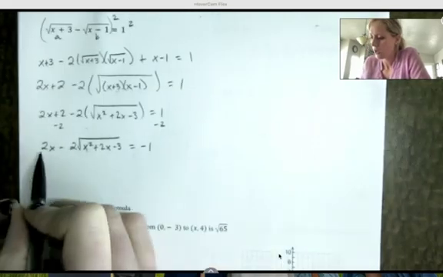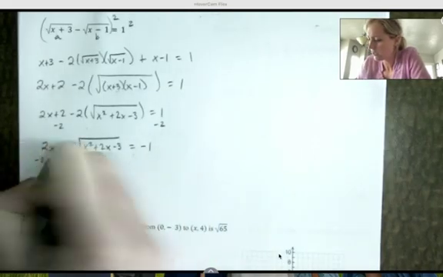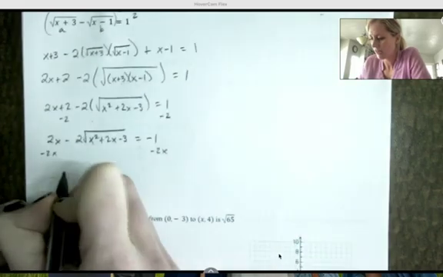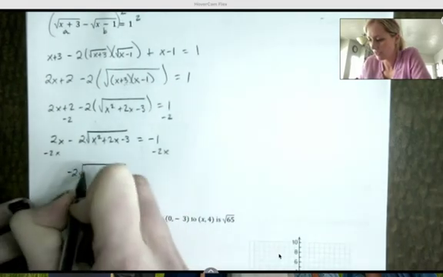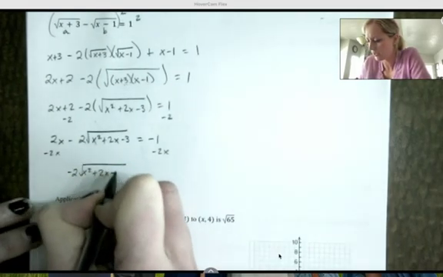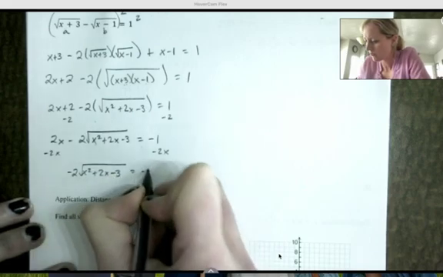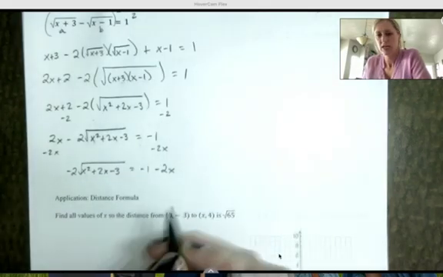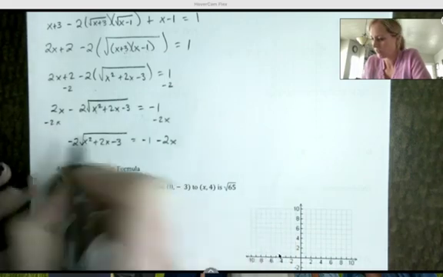Then I'm going to subtract the 2x. So we've got negative 2 square root of x squared plus 2x minus 3 equals negative 1 minus 2x. Now I'm going to divide everything by negative 2.